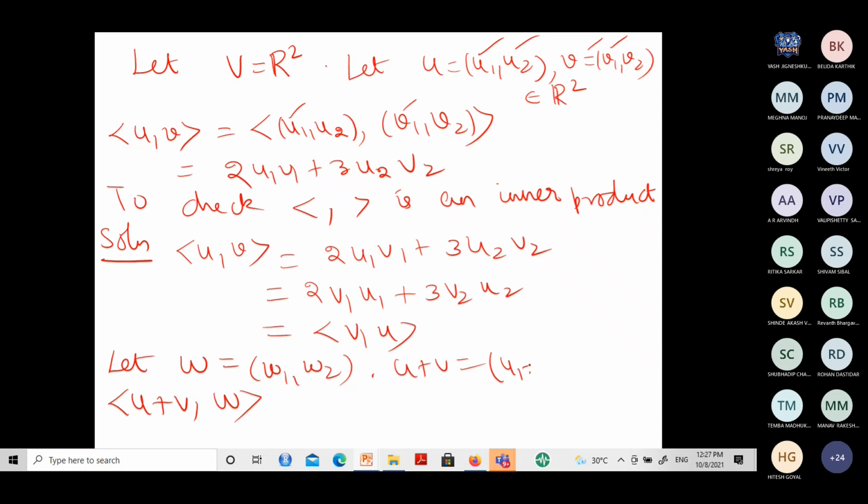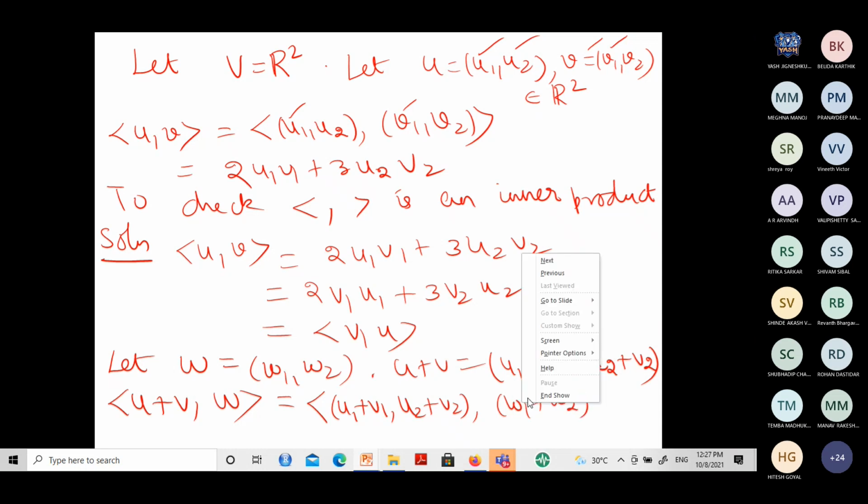It is U1 plus V1 comma U2 plus V2, comma W1 comma W2.